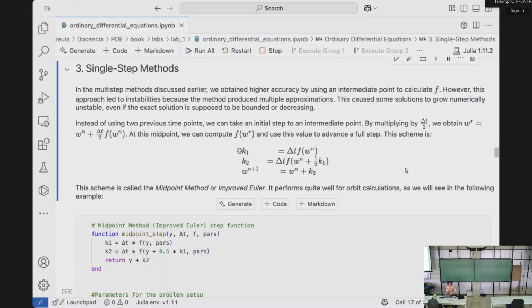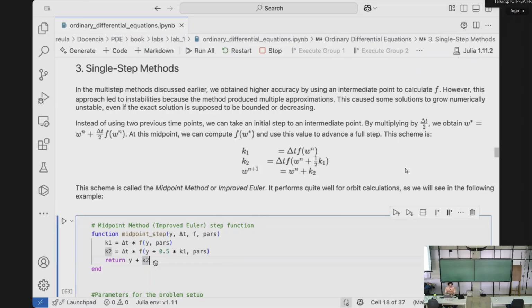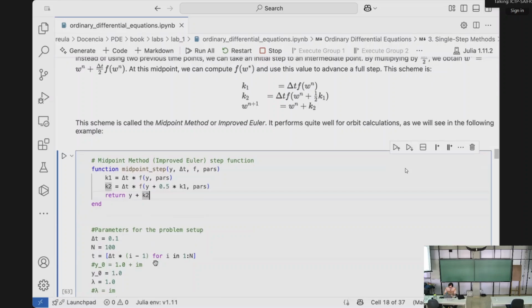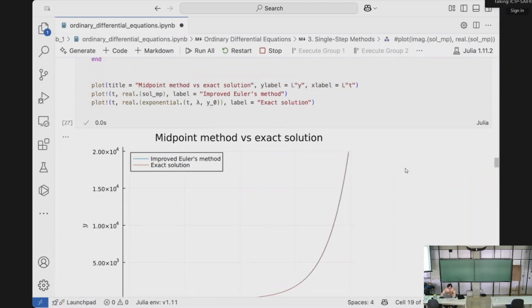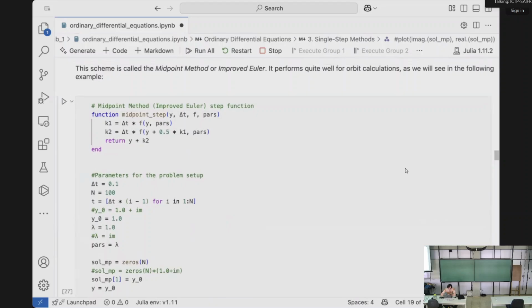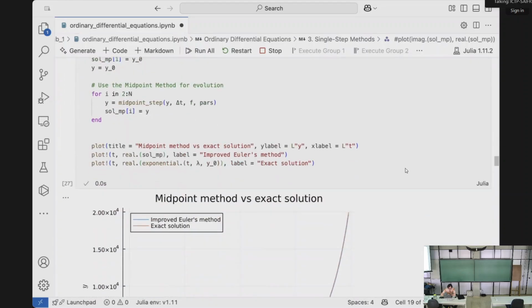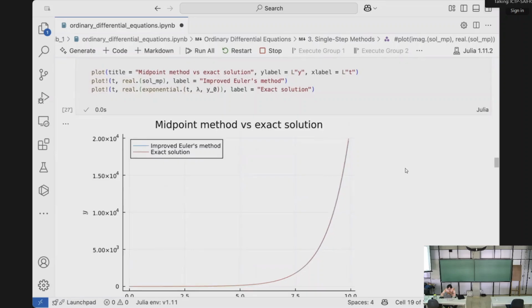And I just do some manipulations on how I apply f, and this is what I am trying to show you here, right? This is called the midpoint method, or the improved Euler method. This is what I am trying to plot here, and this method actually seems pretty reasonable.